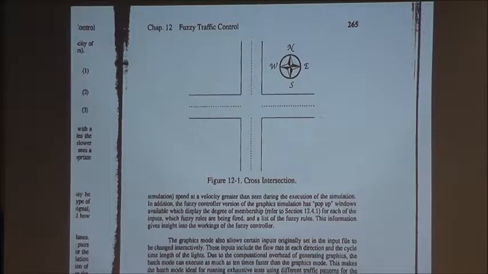Okay. And as you can see, there are 2 lanes in each direction. There are several ways each vehicle can go: to the right, to the left, or straight. So there are several options you have.